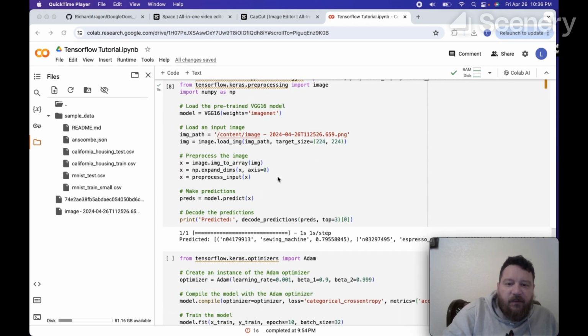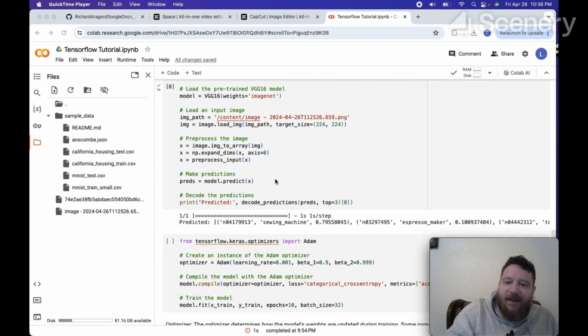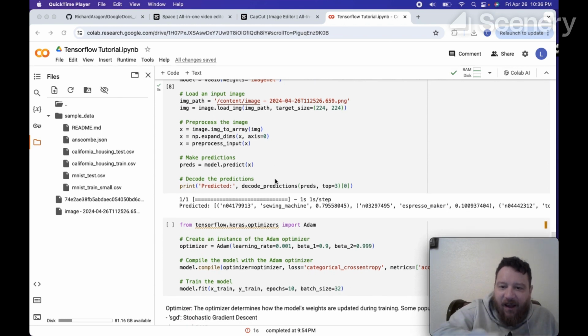And in this instance here, all we're doing is just loading in the model and having it make a prediction, so this is going in for a blind prediction, right? I load the model and then I give it an image. In this image, it's an image of a robot eating cereal. And its guess of a sewing machine isn't a bad guess for a very first guess. Remember, this is untrained on the data set.